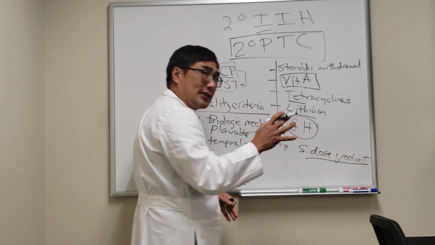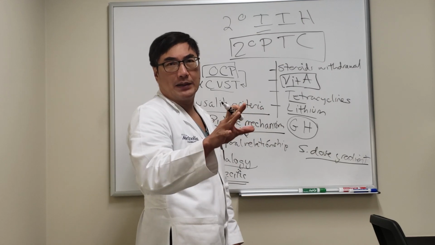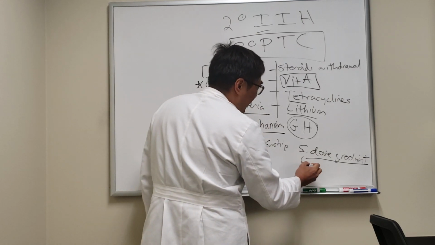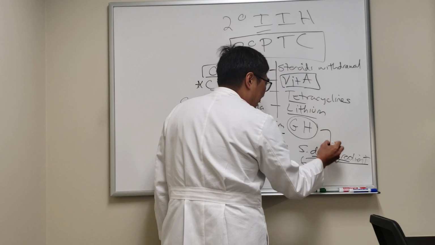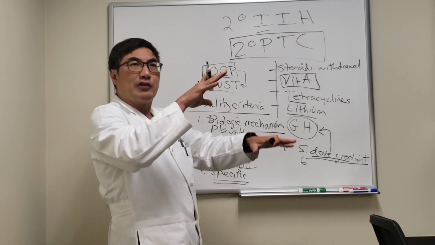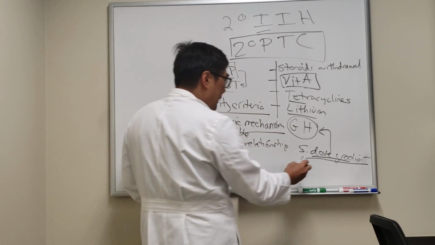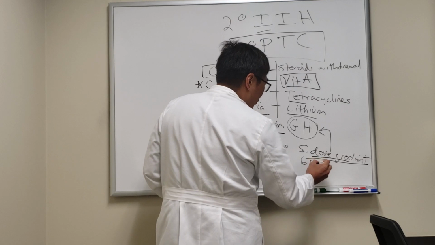And the same with hydroxychloroquine, which is 6.5 mg per kg, but you get toxicity at 5 mg per kg. And the one that does have a dose gradient is the growth hormone. So the patients who have the growth hormone version, we can kind of reduce their dose or half dose and might make them better.